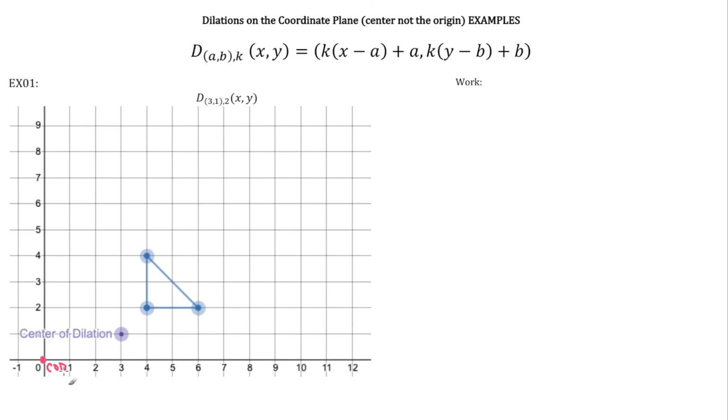Center of dilation. All right. And then I am going to draw this shape. So it's like right there. So right here. And then 2 up, 2 right. So this would be my shape.